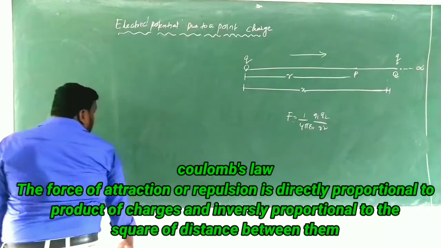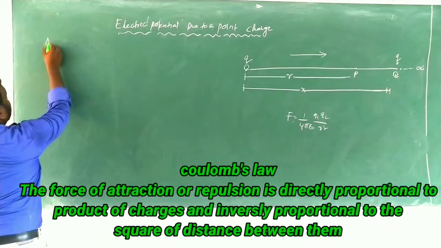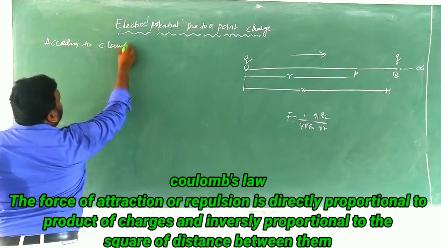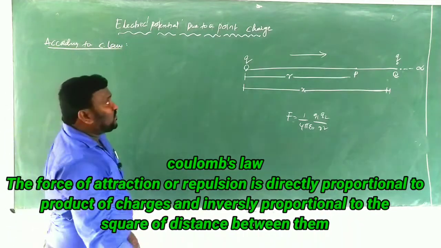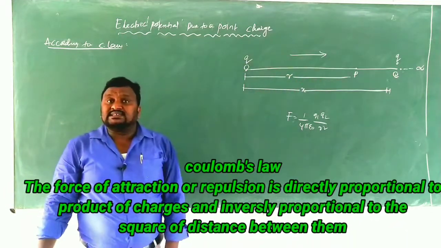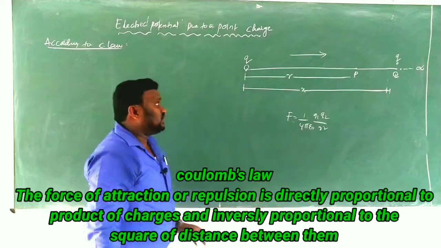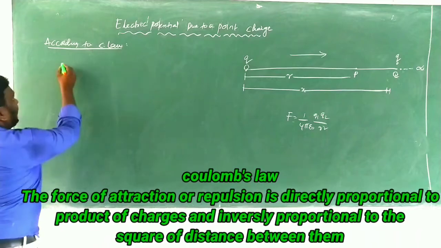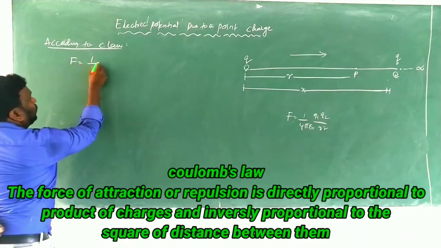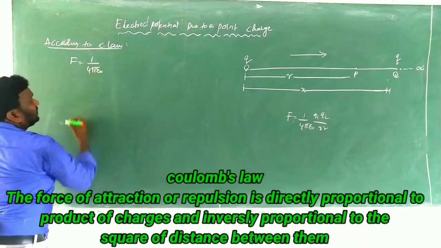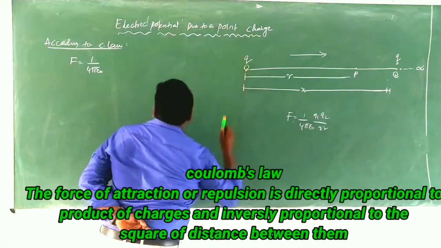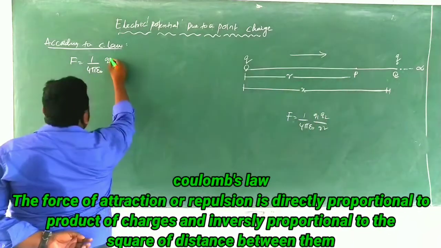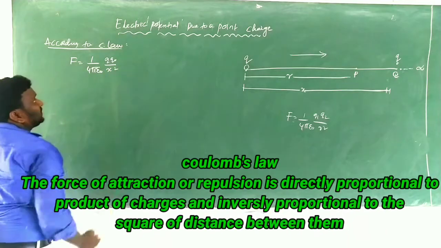So now we are going to use Coulomb's law. According to Coulomb's law, the two charges here are Q and Q naught, and they are separated by a distance of X. So the force between these two charges is expressed like this: F equals 1 by 4 pi epsilon naught, instead of Q1 we have Q, instead of Q2 we have Q naught, by X square.